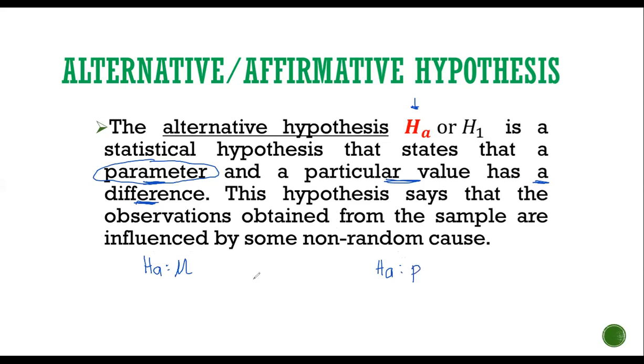So sabi dito, meron pa rin tayong particular value. Okay? So ako gusto ko pa rin si K. Kung sa iba, gusto nila yung kanina, yung mu sub 1, tsaka mu sub 2, pwede rin naman. HA, P, tapos P sub 0. Pwede rin naman. Okay? So sabi dito, there is a difference.